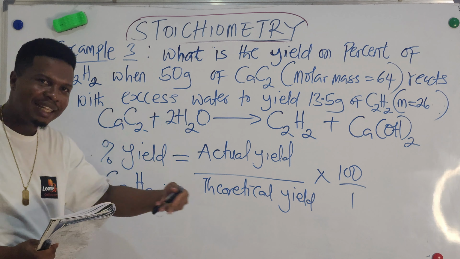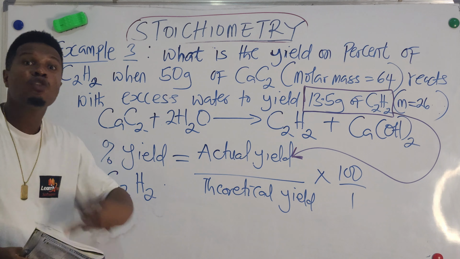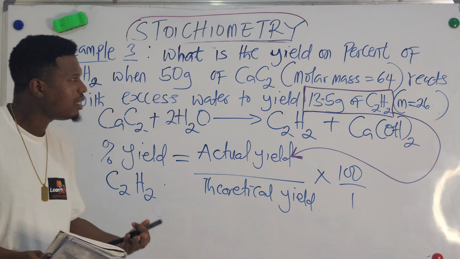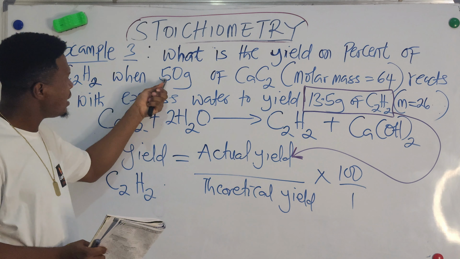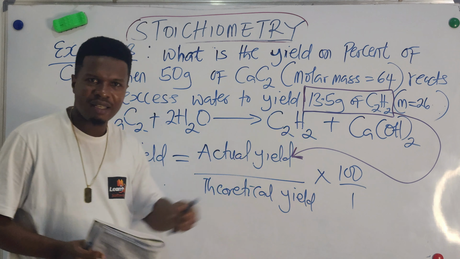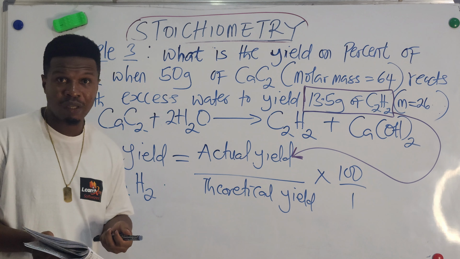This 13.5 grams is the actual yield. So we are now going to use our knowledge of stoichiometry to get what it will likely be. Remember, they gave you this. They said that 50 grams of this produce this. That's what they said.